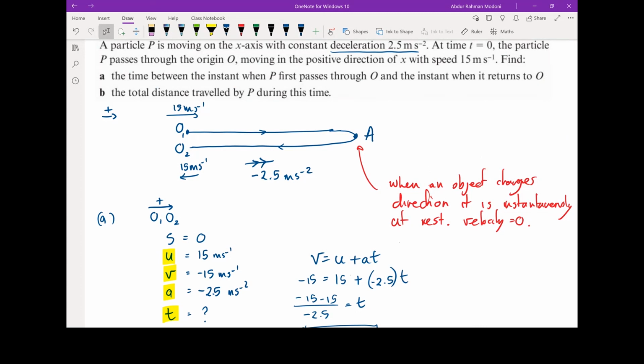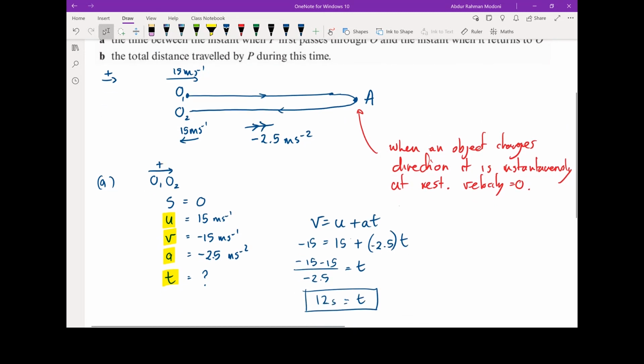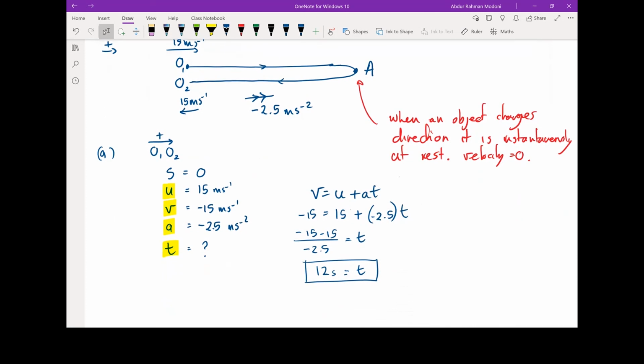Now, in order to find the distance, we need to actually break this journey down into O1 to A, because if we just look at O1 to O2, the displacement is 0. Now remember, displacement and distance are not the same thing when the object changes direction, but displacement and distance will be the same thing for the duration of the journey where the object hasn't changed direction.